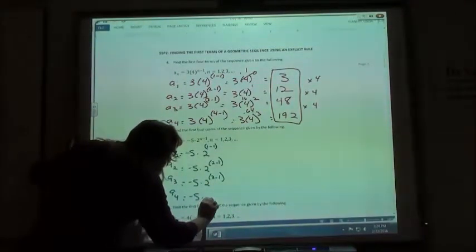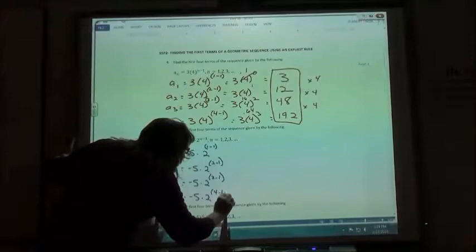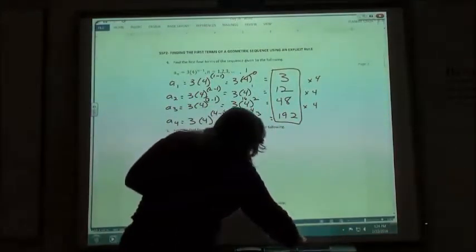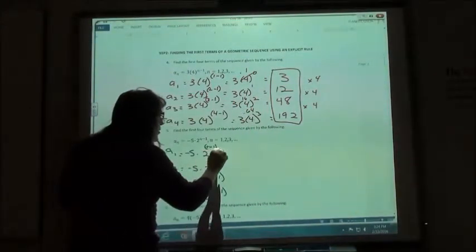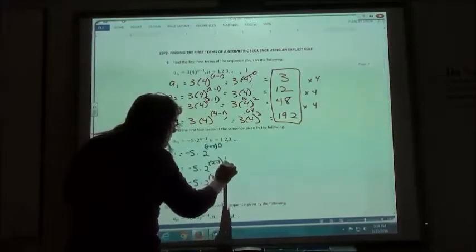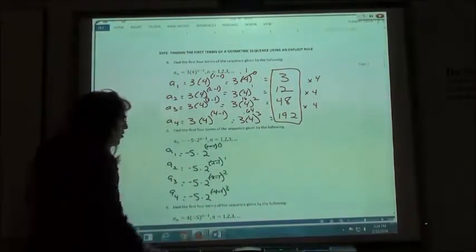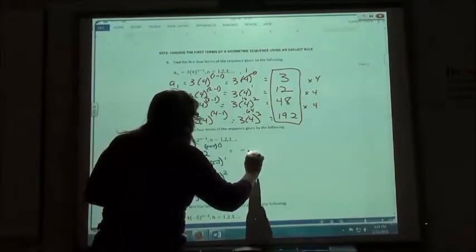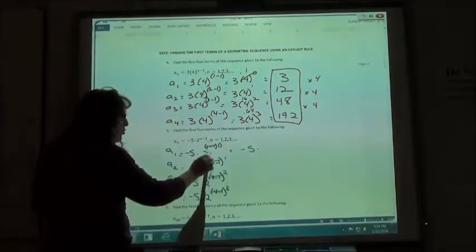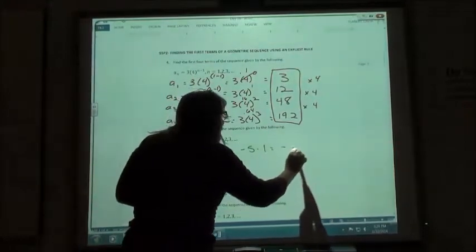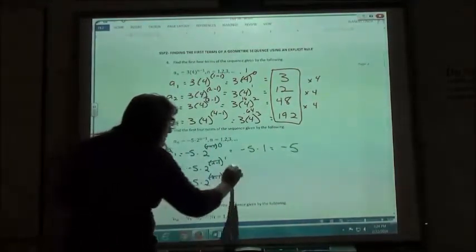And negative 5 times 2 to the 4 minus 1 power. So this is going to be 2 to the 0, 2 to the first, 2 to the second, 2 to the third. So negative 5 times 2 to the 0 power is 1, gives me negative 5.